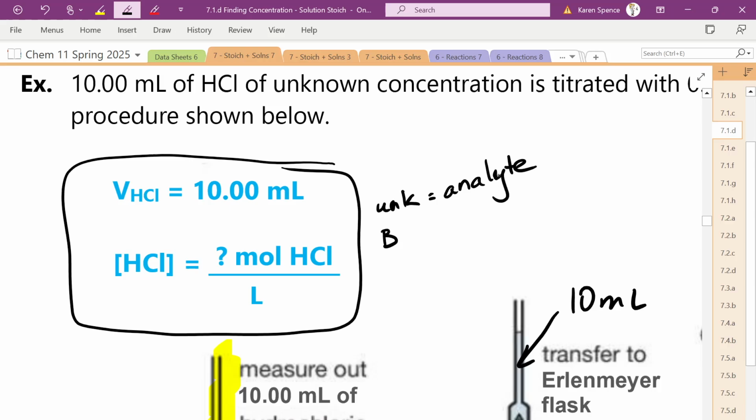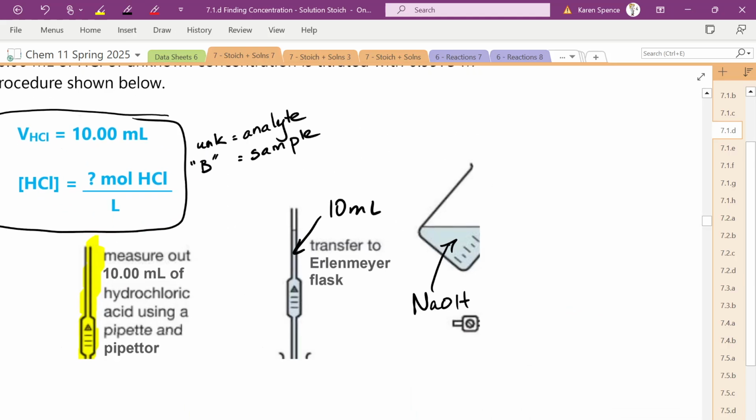And you can remember that because it also starts inappropriately, just because we're doing that today. Sorry. But you won't forget now, will you? Anywho, so this is our unknown. This is substance B. It is also known as the sample. Okay? So that is our substance B, is the HCl.